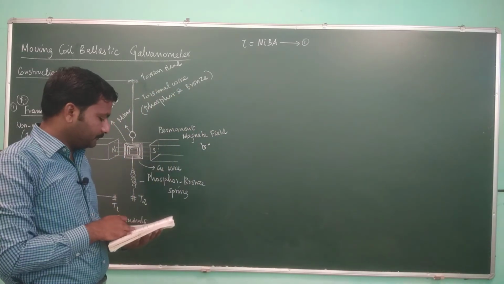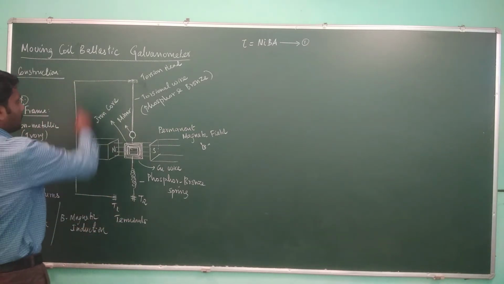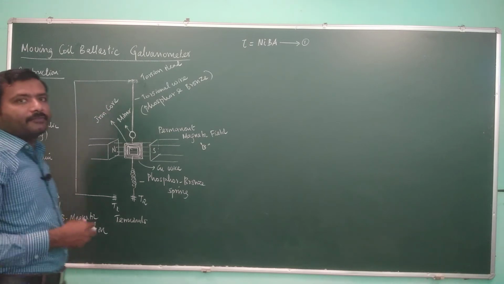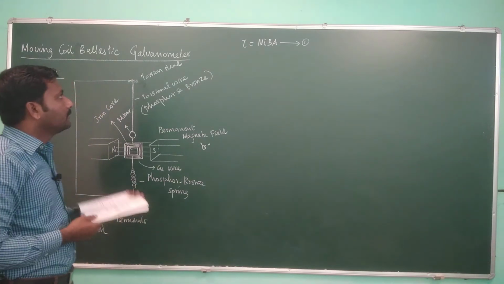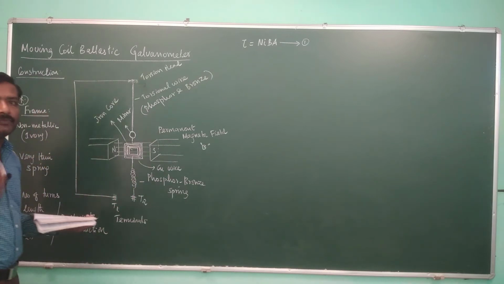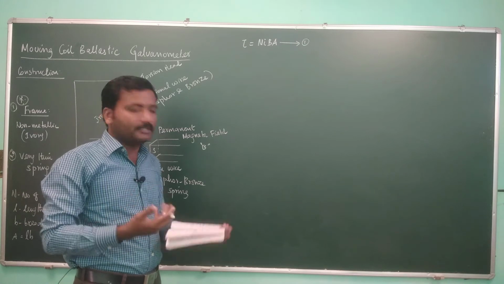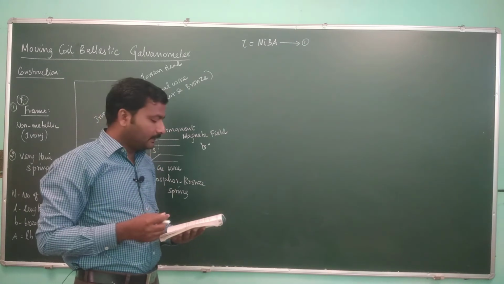And if this current is not a steady current, we pass the current only for a momentary time. For a small interval of time dt, we are passing the current, then we withdraw the current. In the moving coil galvanometer, a steady state current is used, while here the current is applied for a fraction of time.